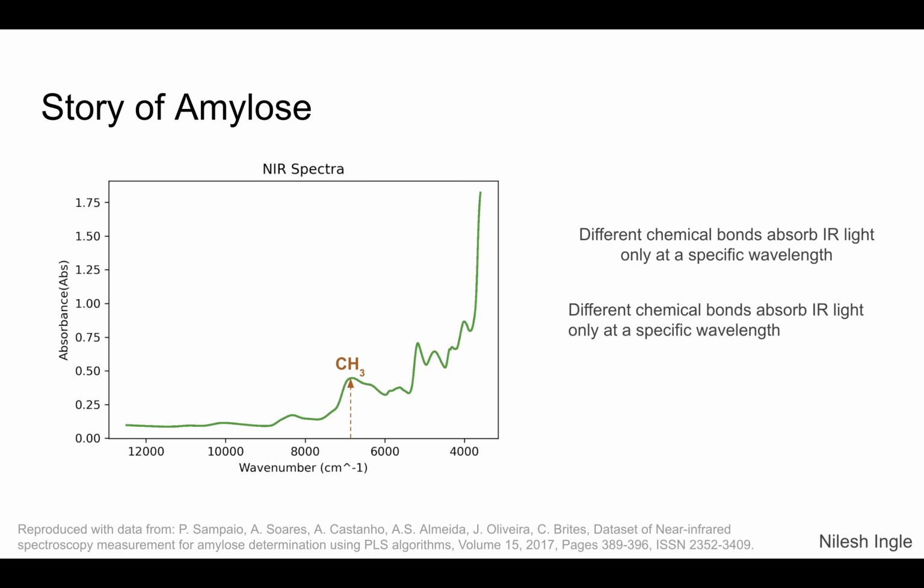It tells us what percent of a particular molecule is present in that particular sample of grains of rice, and that in turn helps calculate the percentage of amylose in that particular sample of rice for that particular variety.